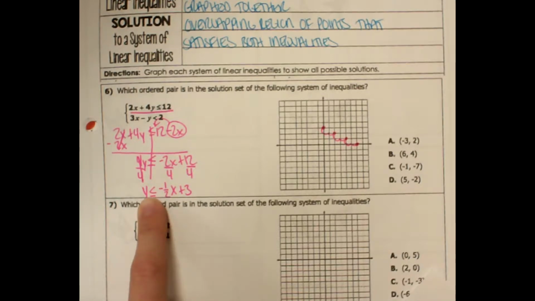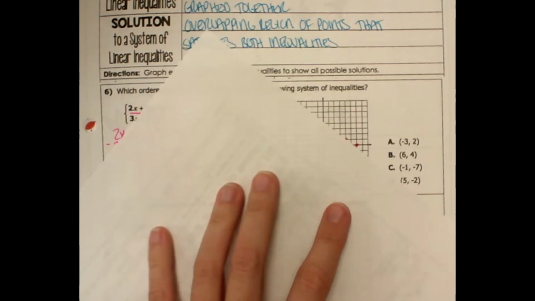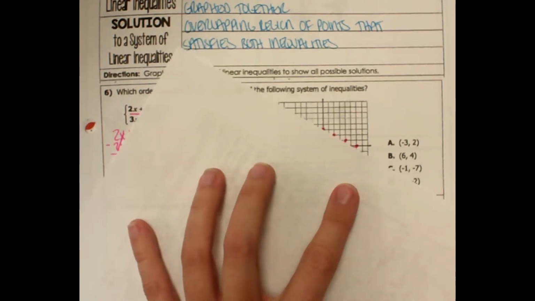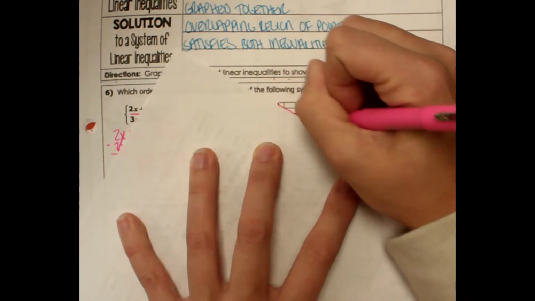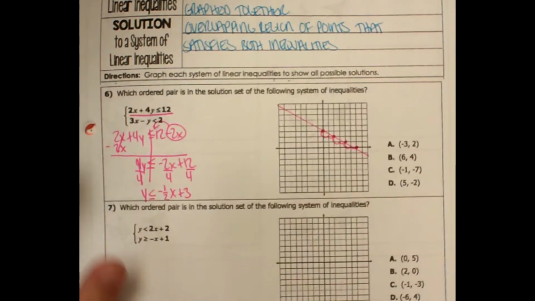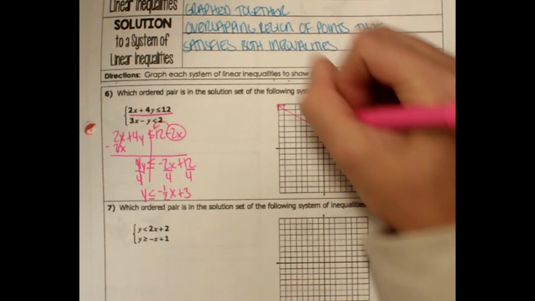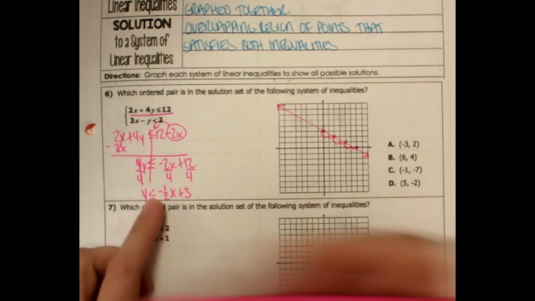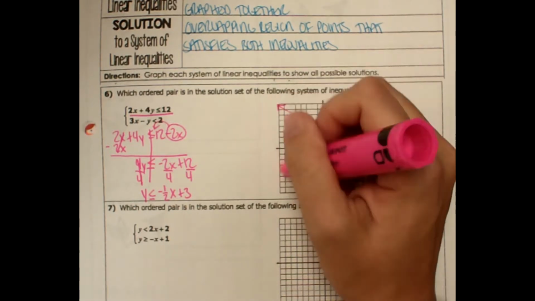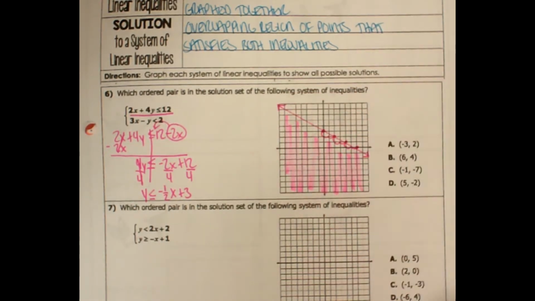Remember it's less than or equal to, which means it is a solid line. So connect your points with a solid line. There's my line, put my arrow. Then remember it's less than, so I'm going to be shading below. So that's for that line, and because it's a system, I have to graph both lines.